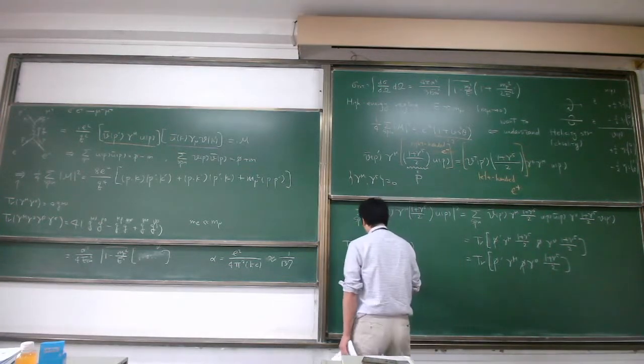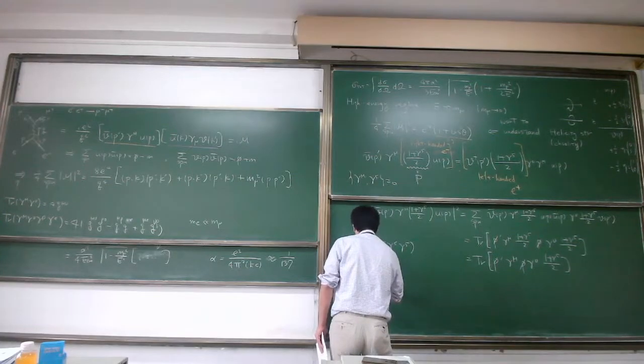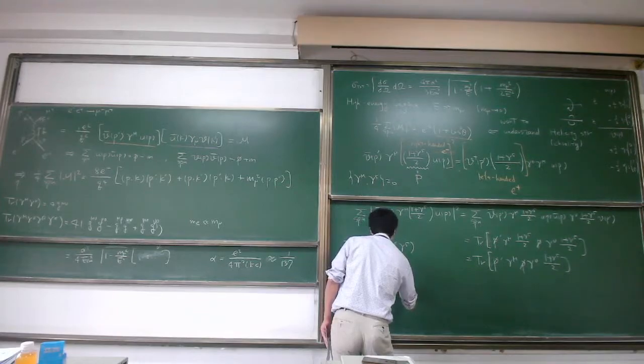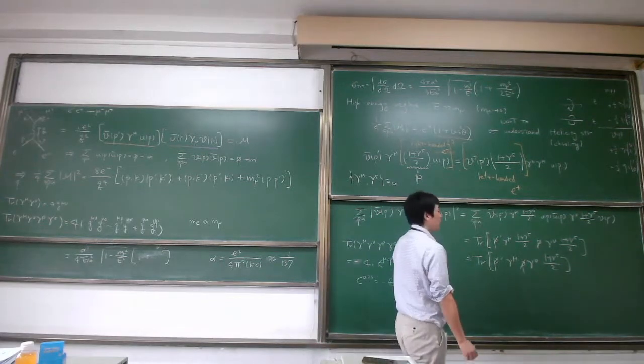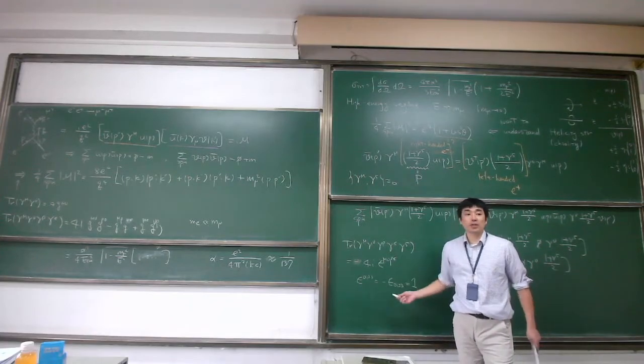And then I take epsilon 0, 1, 2, 3 equal to minus epsilon 0, 1, 2, 3 equal to 1, and then everything becomes permutation symmetric.